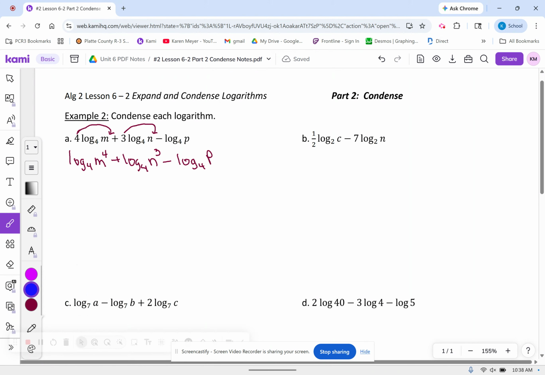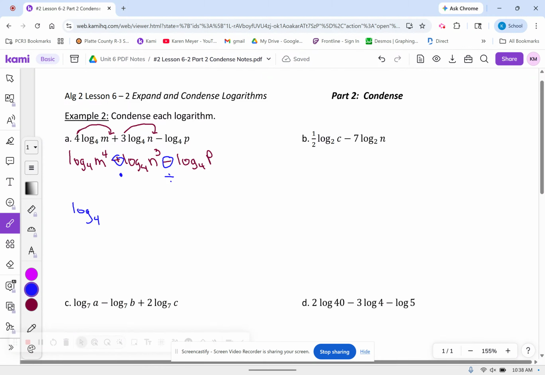Okay, then the next thing we're going to do is look at the plus sign, and plus is going to change to multiplication. And then I see subtraction, and subtraction is going to change to division. So I'm going to write log base 4 only one time.